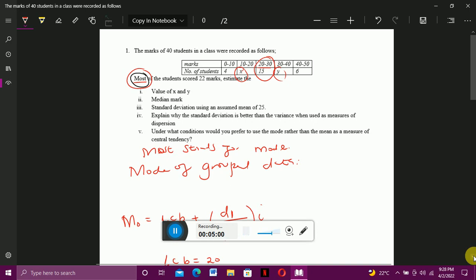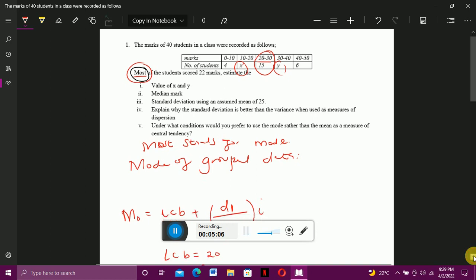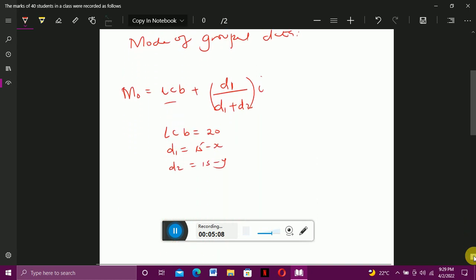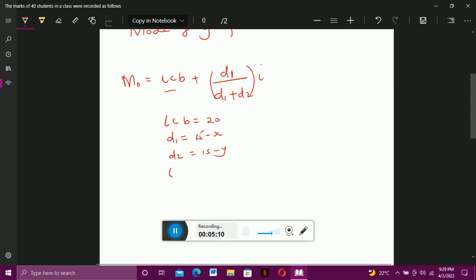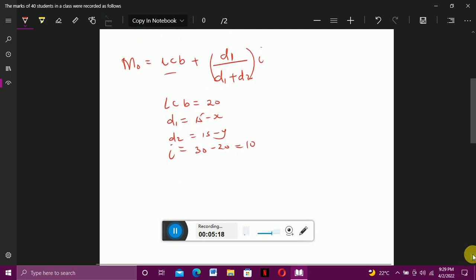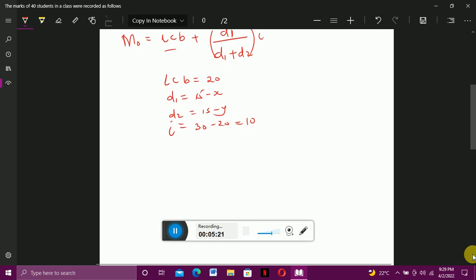What about I, the size of the class interval? We simply take 30 minus 20. So I is 30 minus 20 because again the data is already continuous. So we come and say mode, which we already know as 22.